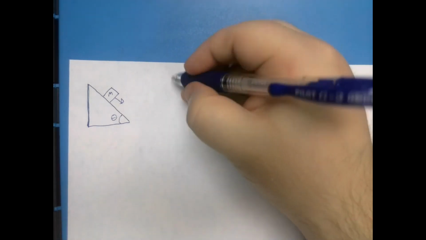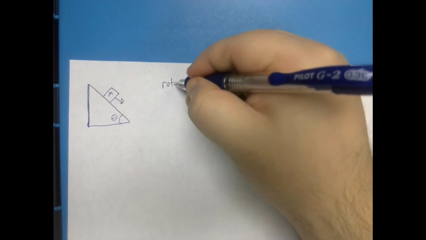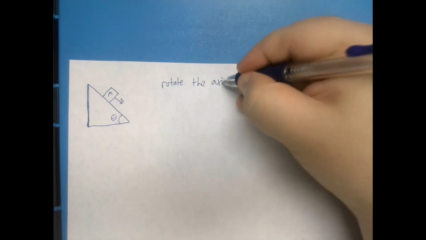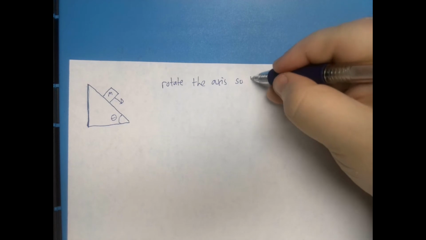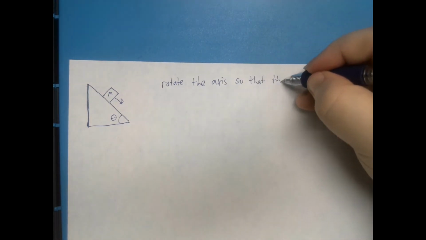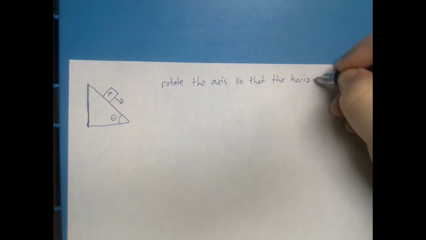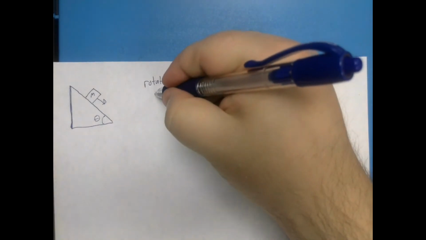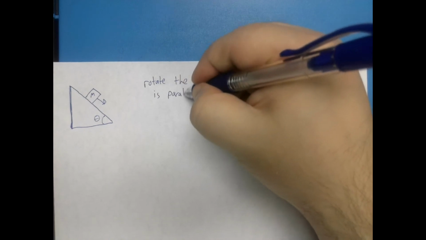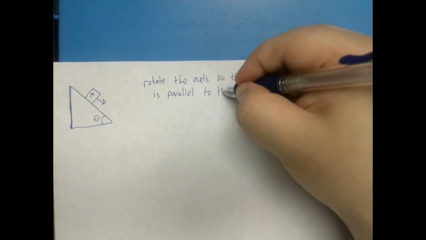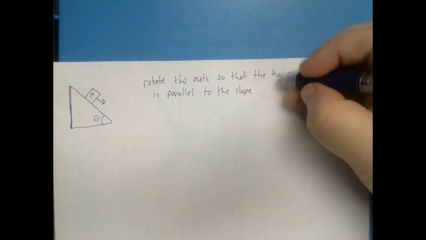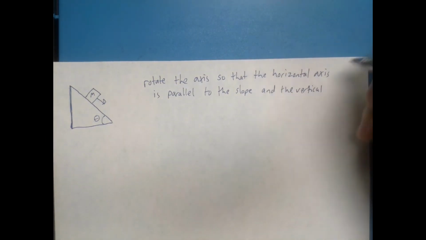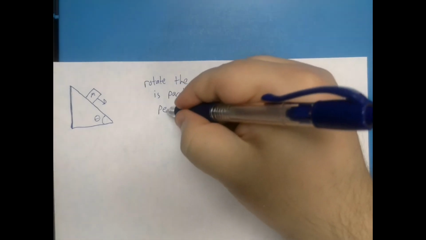What we want to do is rotate the axis so that the horizontal axis is parallel to the slope, and the vertical axis is perpendicular.